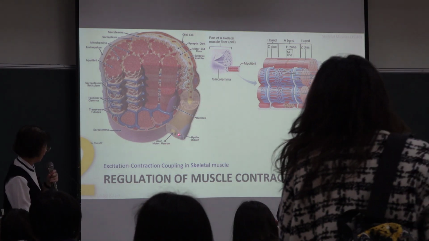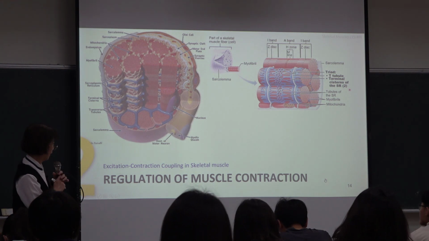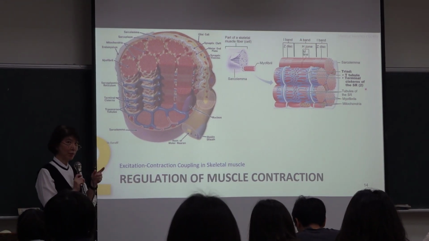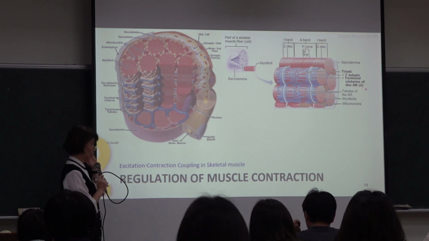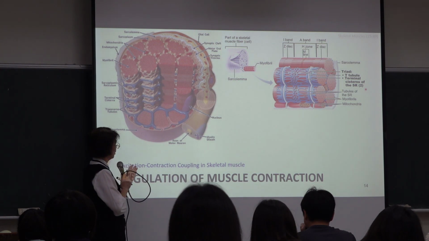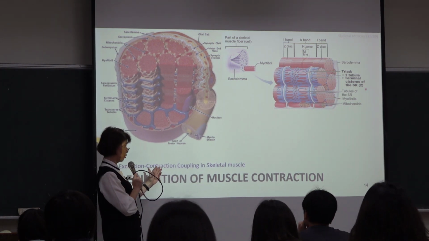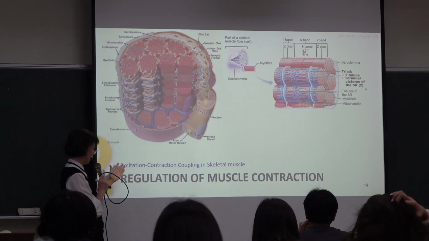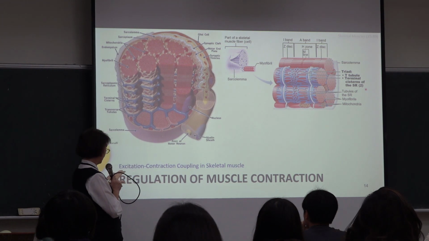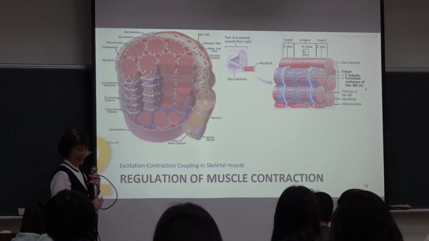And there are nerve endings surrounding the muscle fiber. So when your brain tells your muscle to contract, that's a nerve signal, right? Excitation. So the excitation signal sent to the muscle tissue allows your muscle to contract. This is called excitation contraction coupling, abbreviated as EC coupling. All right?